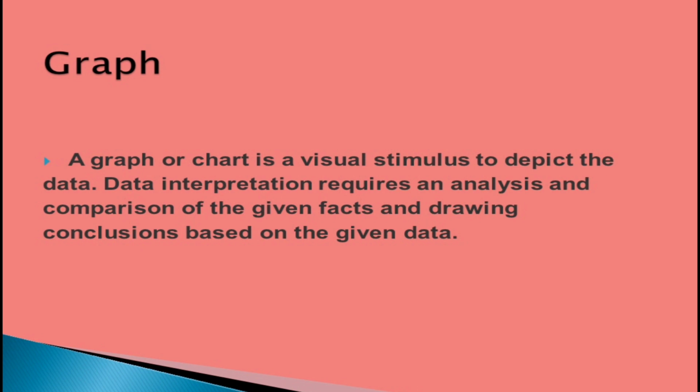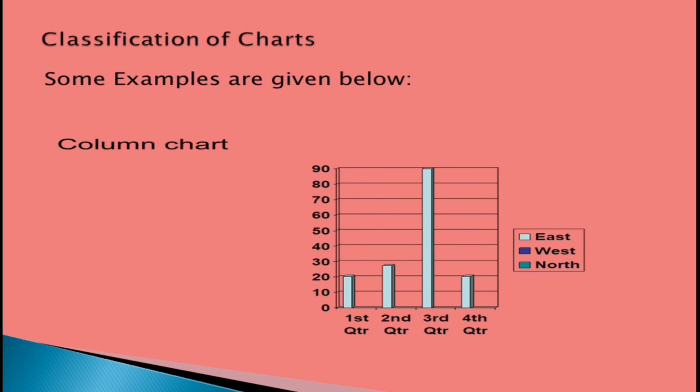Now, my dear students, I will talk about the classification of graph and chart in the English language. In the English language, you will find different types of graph or chart. Now, I will show you only 4 graphs and charts. As you can see on the screen, column chart, and you will find this type of question in your examination.